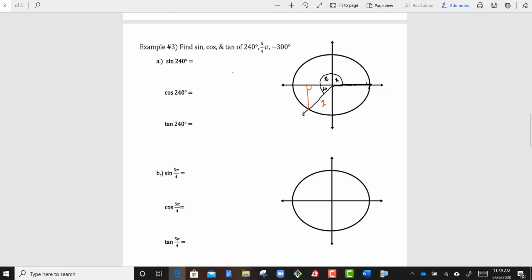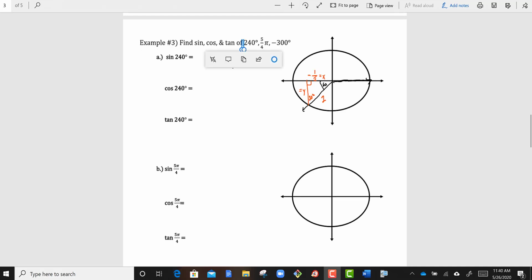See if you can go ahead and find the y-coordinate and see if you can find the x-coordinate. So the x-coordinate should be 1/2, or actually -1/2. And it's -1/2 because think about what quadrant we're in. We're in quadrant number 3.